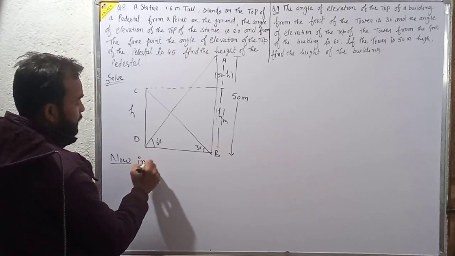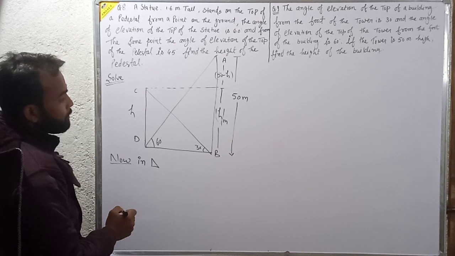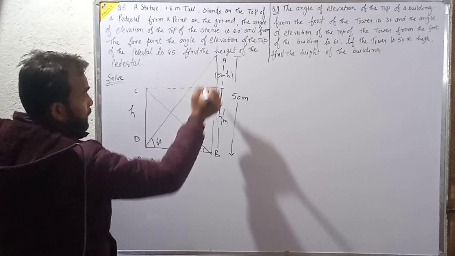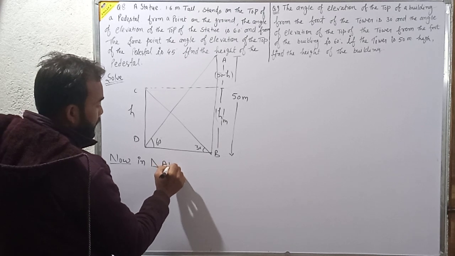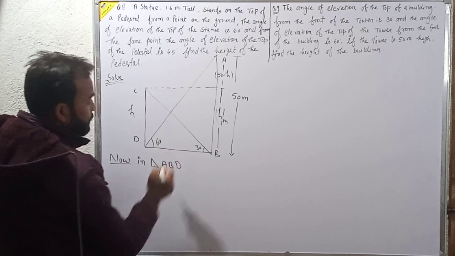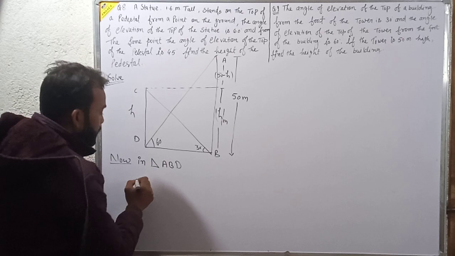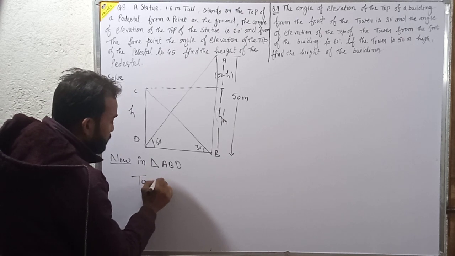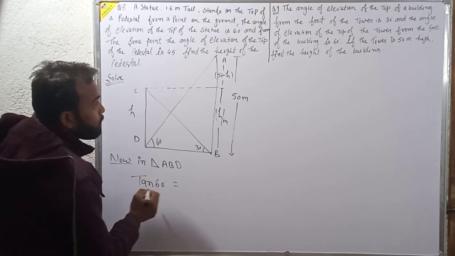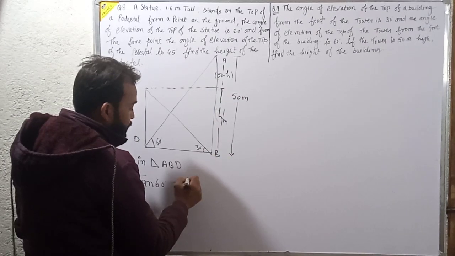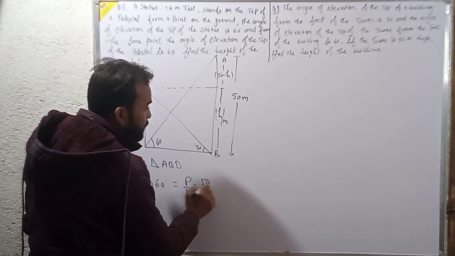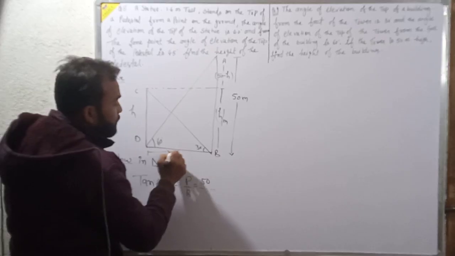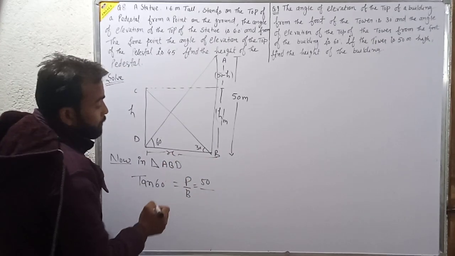Now in a right angle triangle ABD, tan 60 degree is equal to P by B. That means 50 upon x meter.